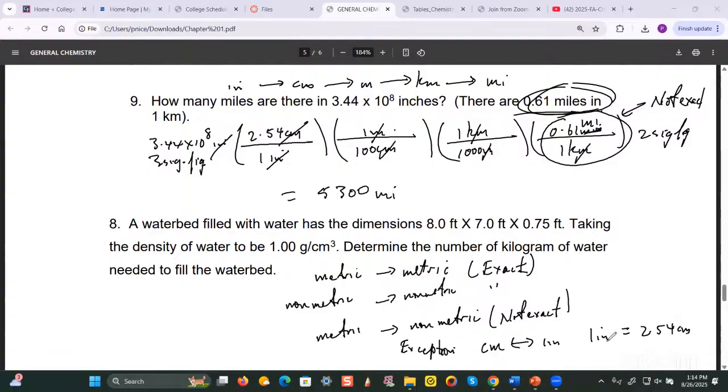So even though this is non-metric and this is metric, that's an exact relationship. But all other situations where you're going from metric to non-metric or vice versa, those are not exact relationships. So you have to take that into account when you're rounding off, which is what I did here. This is non-metric, that is metric. So that's the reason why I rounded this answer off to two significant figures.